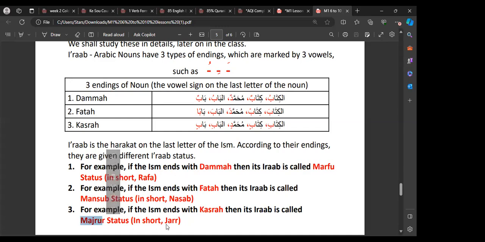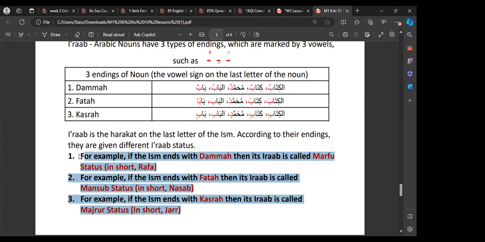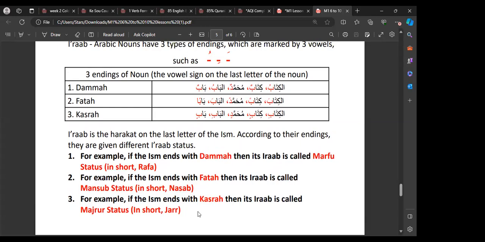Majroor status, or in short, jar. These three sentences are the most important thing that we have learned so far in terms of learning Arabic grammar. So I want to give you time to make sure that you've all written that down now, inshallah.